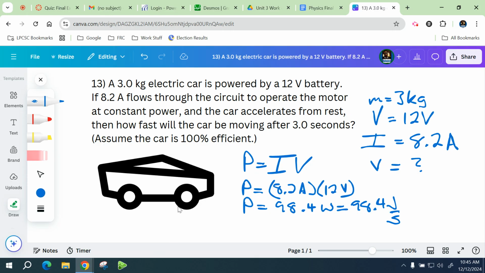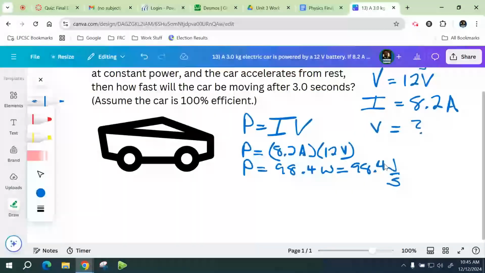So the power then, for every second, the electric motor can generate 98.4 joules. So then we also have to remember the kinetic energy. There's a little trick we could do here.